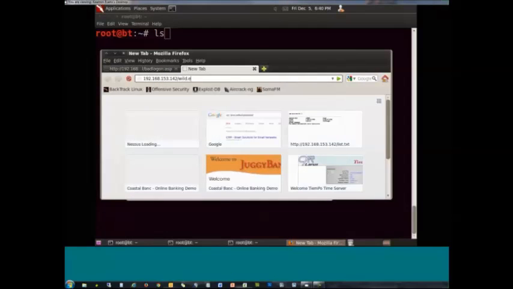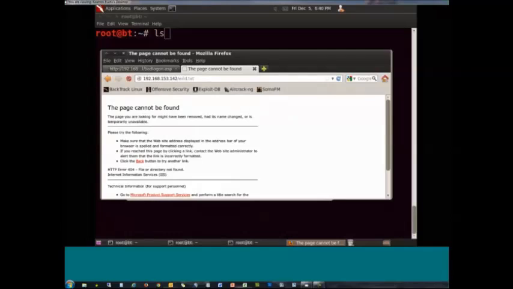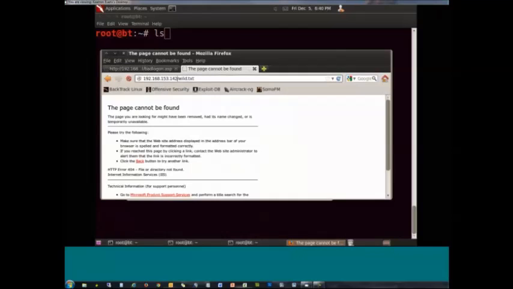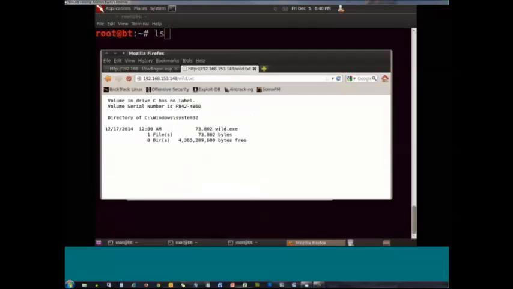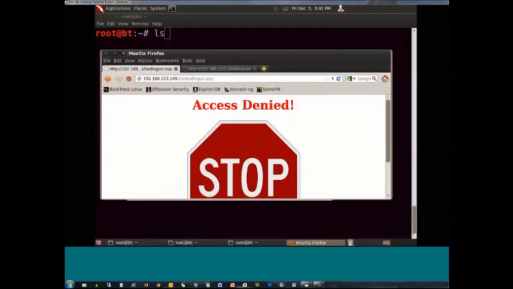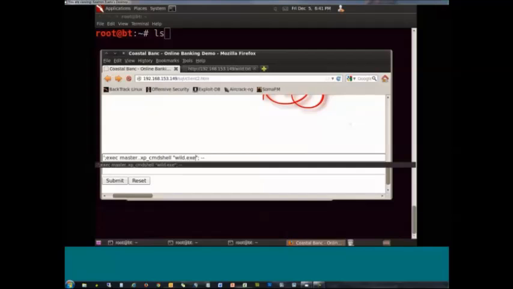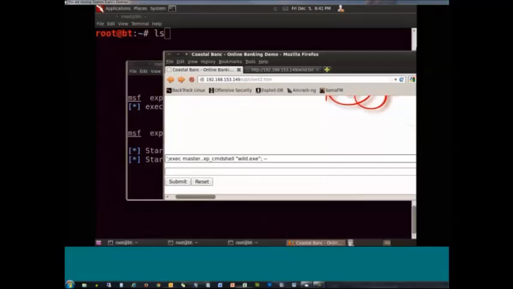That's 149. And I can see that it does show up as being there. So I know that my injection of uploading that file worked. So now the only thing left is for me to run that file, and it should give me, again, command line access. So I'm just going to say, hey, Windows, run this file, and I'll drag over our handler here so you can see what happens as a result of us submitting that.